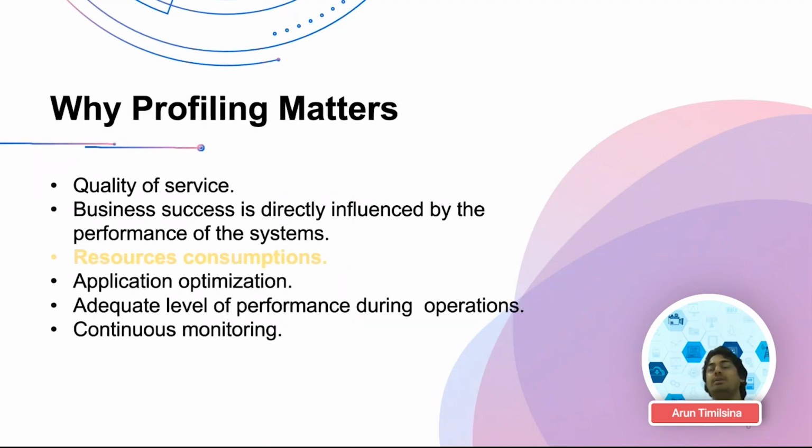So why does code profiling or application profiling matter? An application is a collection of code blocks, and it is necessary to understand what is happening within that code. Application profiling gives insights on how the program behaves under different conditions.